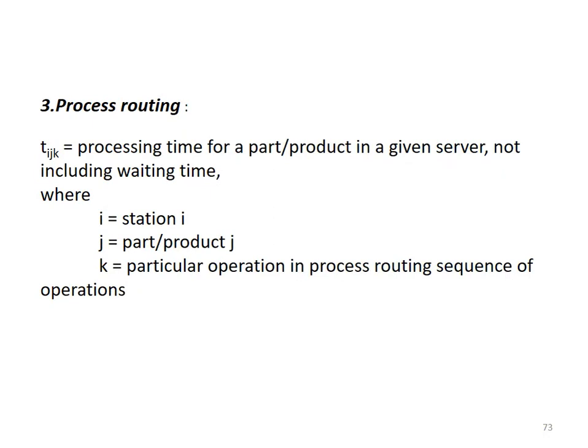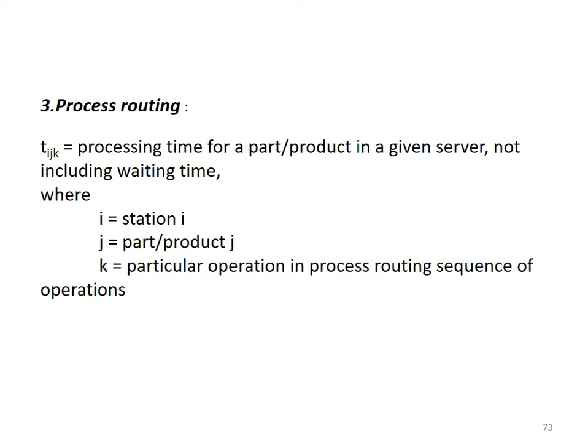And process routing: the time taken for each product in a given server, which is a machine, because workstations or servers may be one or multiple. If we need more production, we may replicate the particular workstation into one, two or three servers, as you already saw in the previous PPTs, like in a flexible manufacturing system where you have multiple machines at one station along a particular cycle of operations.